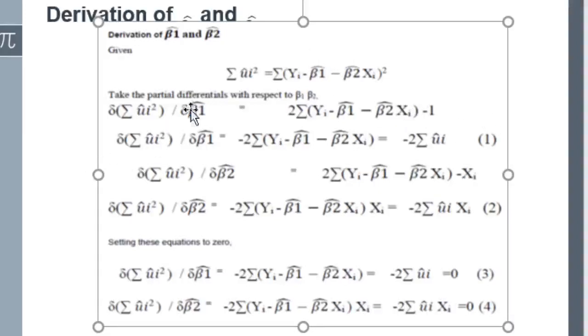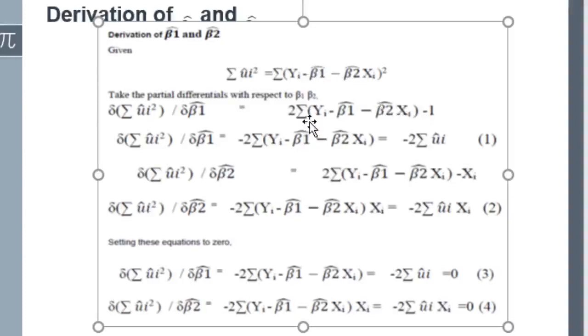Therefore, the differential of sigma ui cap square equal to sigma of yi minus beta 1 cap minus beta 2 cap xi the whole square is 2 into sigma of yi minus beta 1 cap minus beta 2 cap xi into minus 1.